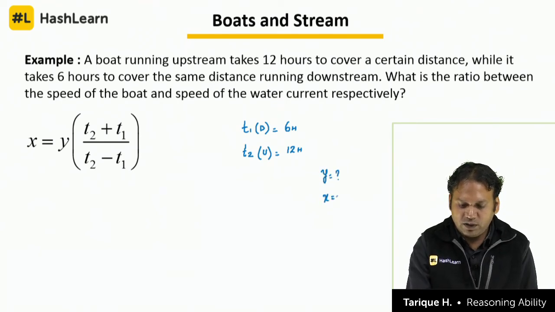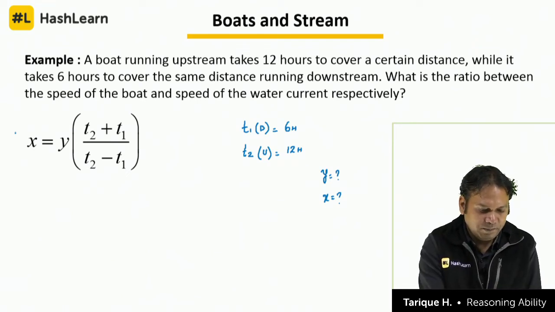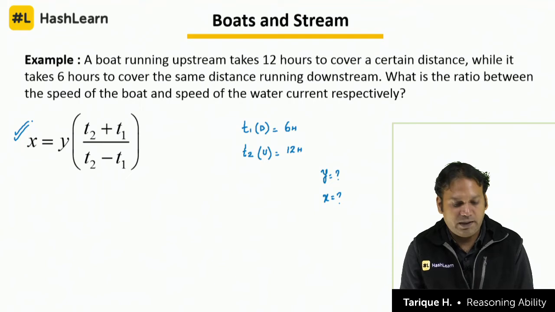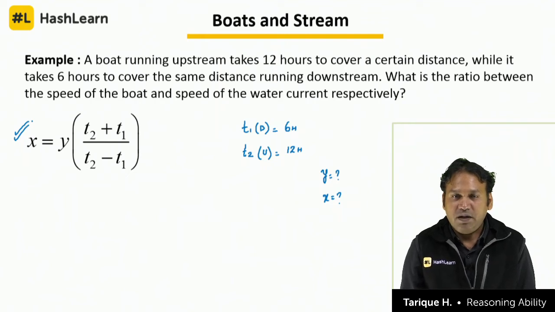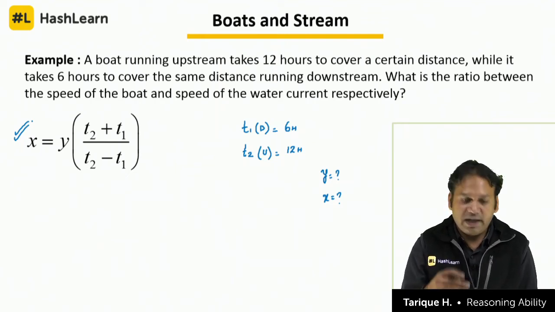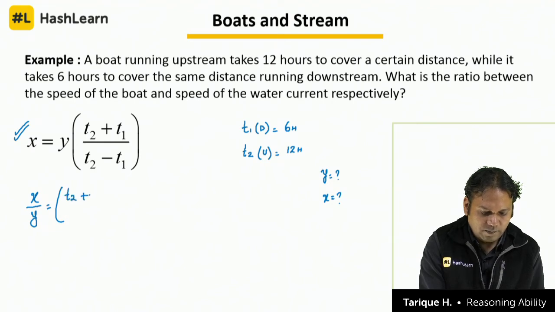We can't find out what x is, but can we find out the ratio of x and y? If you look at this formula, x equals y into (T2 plus T1) upon (T2 minus T1), by using this formula without knowing the speed of the stream, we can directly tell that x by y will be equal to (T2 plus T1) upon (T2 minus T1).